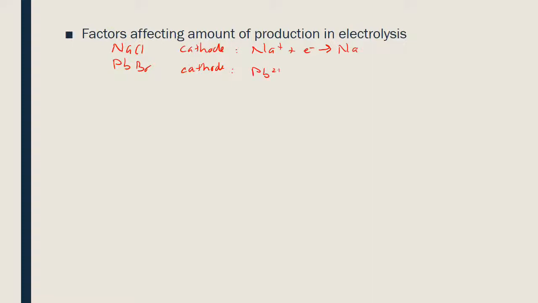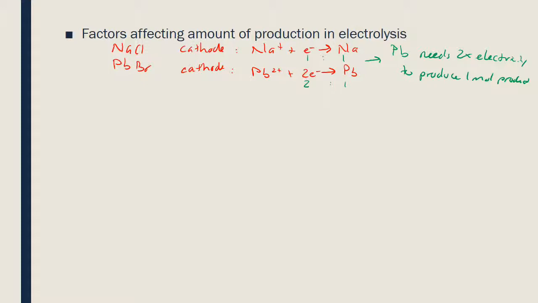Lead has a 2 charge, so an oxidation state of 2, and it needs 2 electrons to be reduced. So we have a 1-to-1 ratio of sodium to electrons, and a 2-to-1 ratio of lead to electrons. That means lead needs 2 times the electricity to produce 1 mole of product.